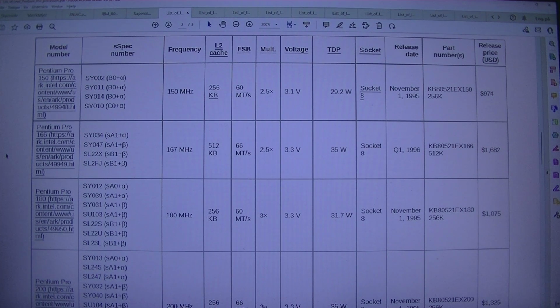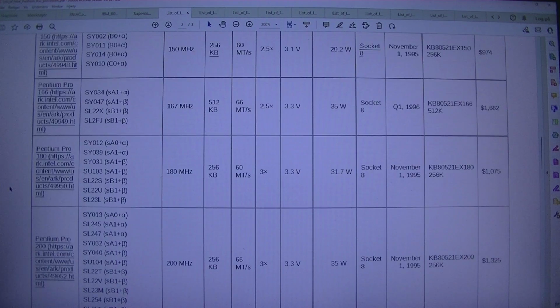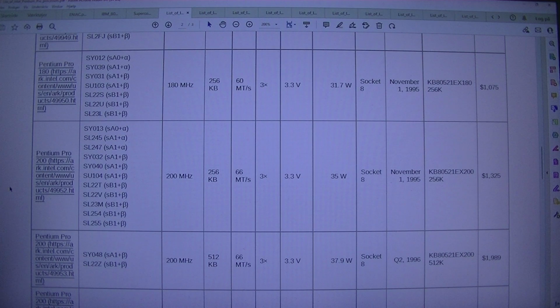$1,682. Pentium Pro 180: SY012, SA0 plus alpha. SY039, SA1 plus alpha. SY031, SA1 plus beta. SU103, SA1 plus beta. SL22S, SB1 plus beta. SL22U, SB1 plus beta.